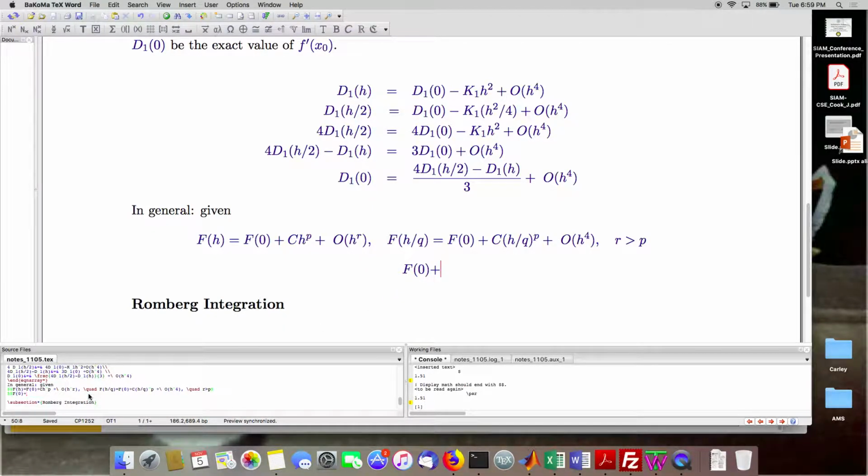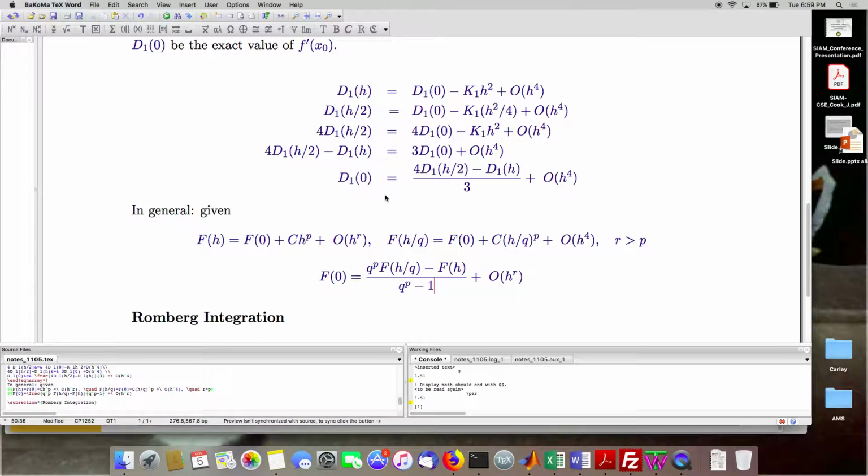So if I repeat this kind of procedure, carrying out similar algebra, I'm going to get q to the pth power times f of h over q minus f of h, all over q to the p minus 1.